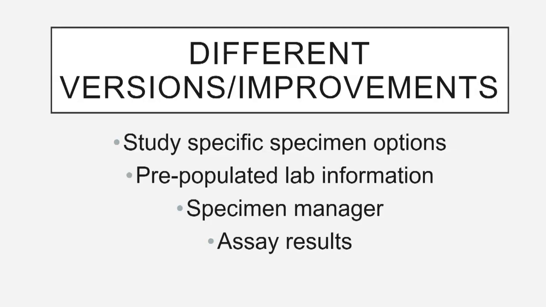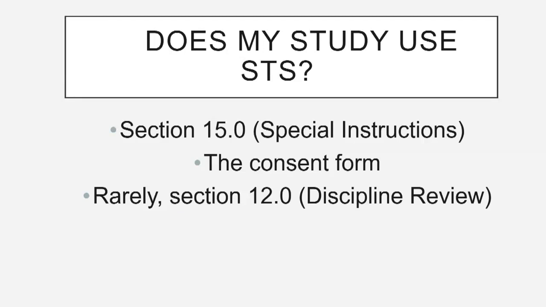So how do you know if your study uses the specimen tracking system? The best way to check is by reviewing section 15 of the protocol. This is the special instructions section, and it'll provide all the details required for specimen submission, including collection, processing, and special shipping instructions. Another way to know is through the patient consent.